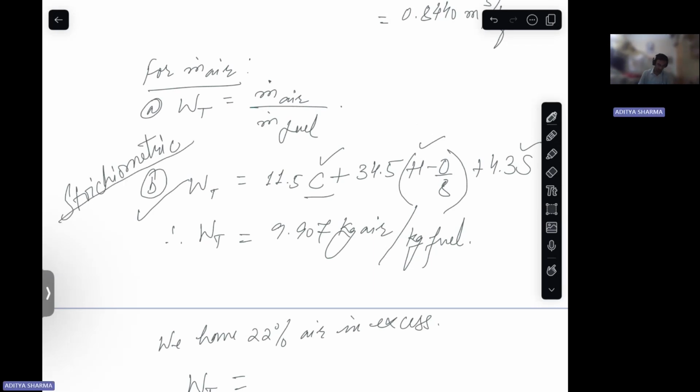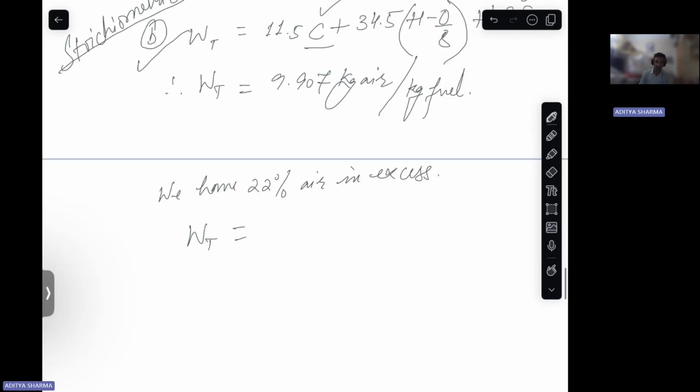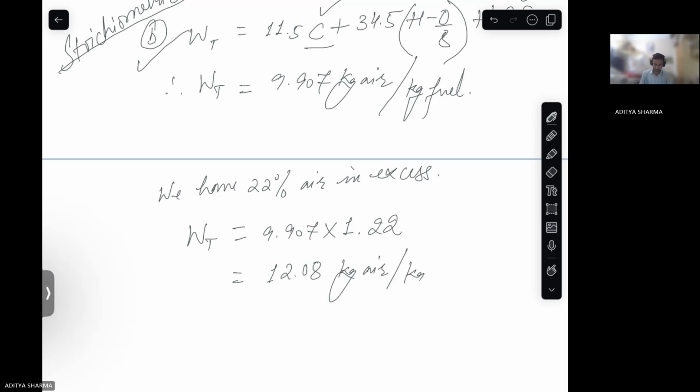Stoichiometric, that is ideal case. But in reality, we have air in excess. So this will be 9.907 into 1.22 because it is 22% excess. So if you multiply this, you will get this, okay? Right?